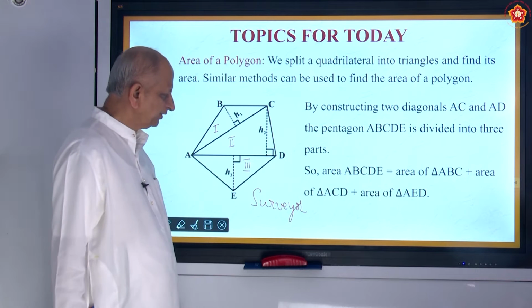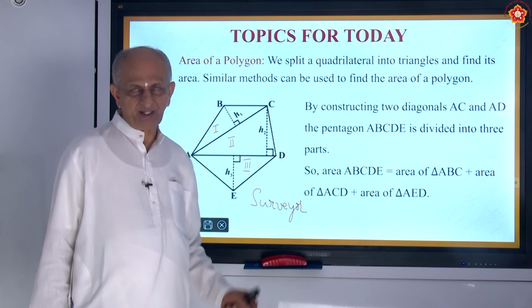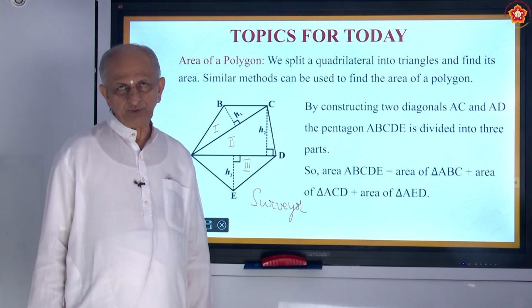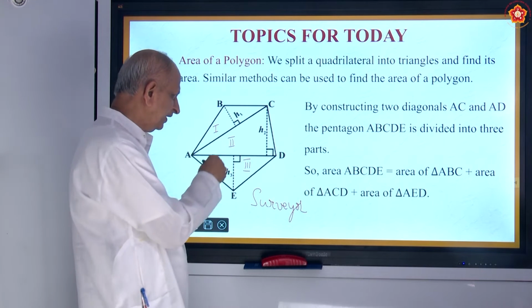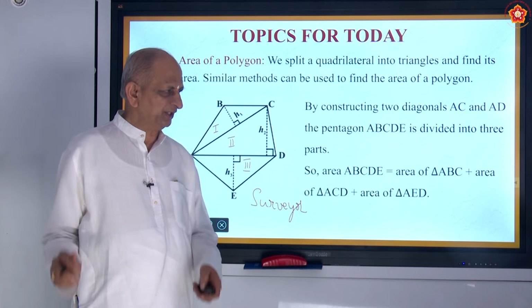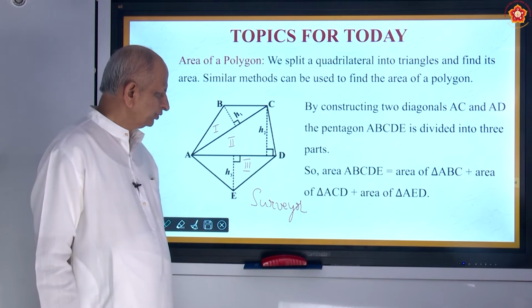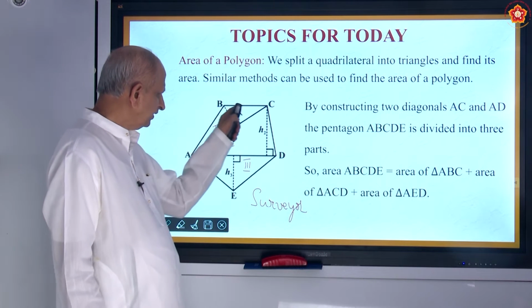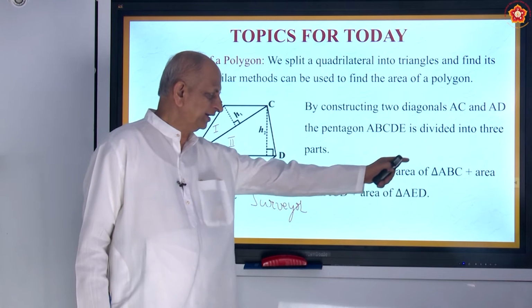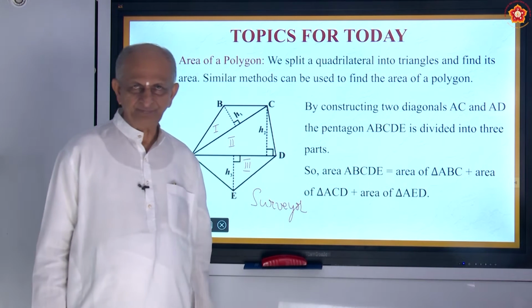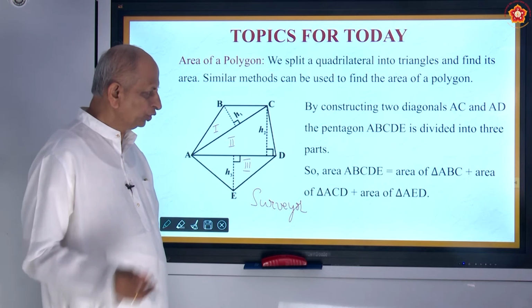Then the length and breadth of the land is measured by a suitable chain, what is called Gunter's chain, and then the area is calculated, and then the cost is estimated. So here if you want to measure the area of this land, you have to find the area of the 3 triangles. Okay, so known to unknown.